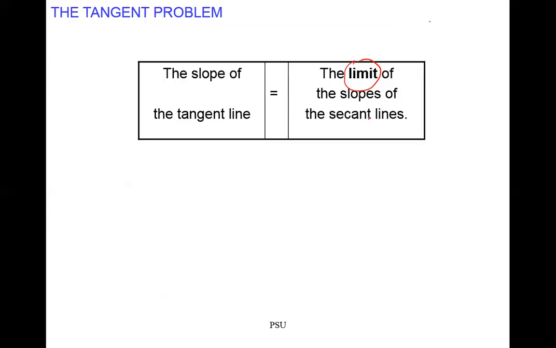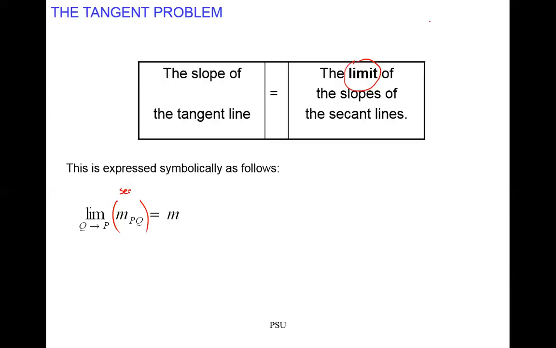Because we can see the secant, the other point, is getting closer and closer to the point P, but we do have that limit. That means we will use the limit symbol. I will not type the whole word, I will just type LIM, limit of the slope of the secant line PQ.